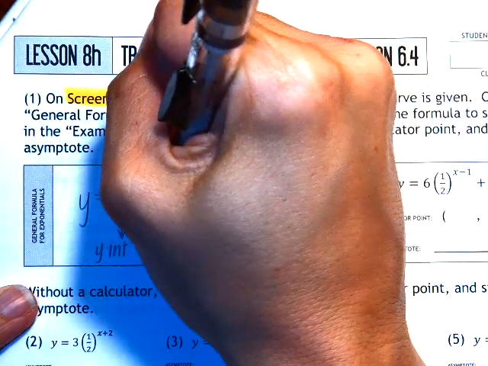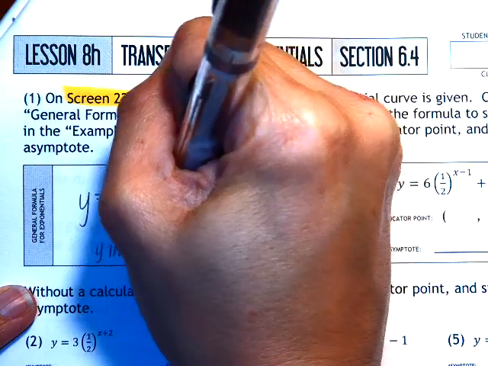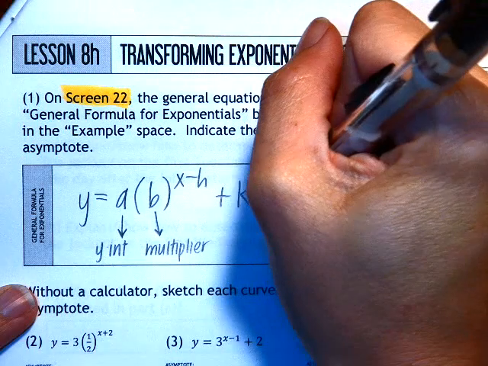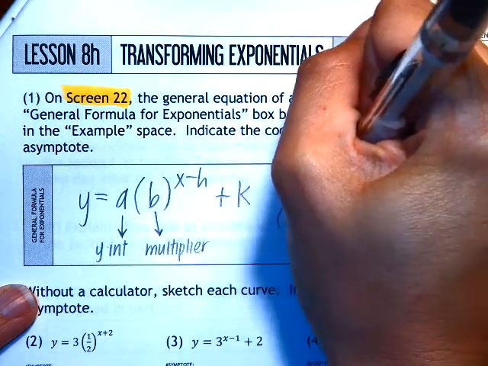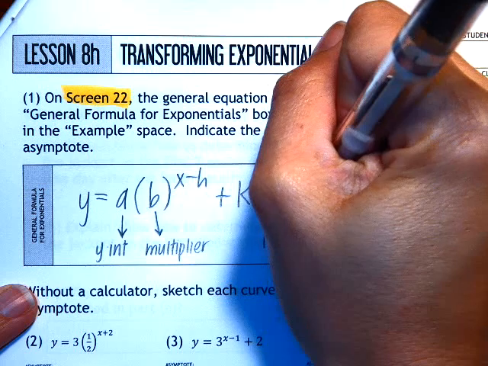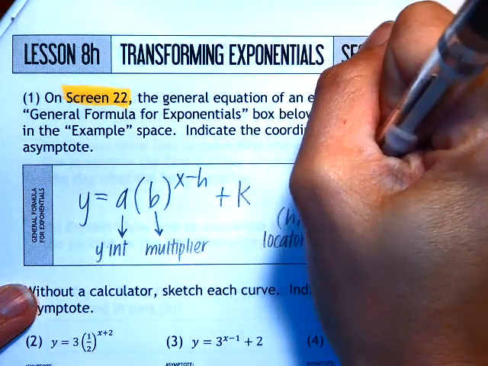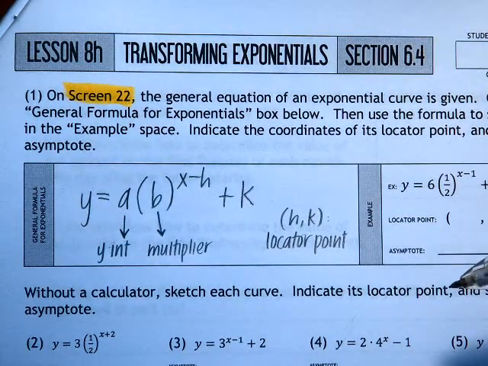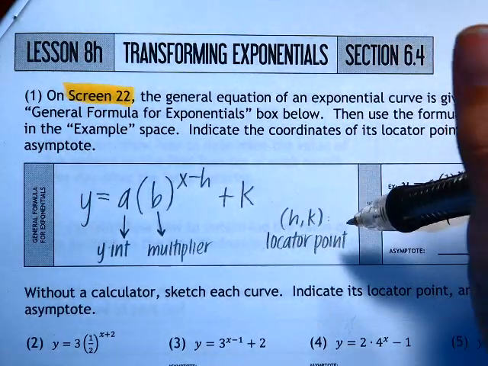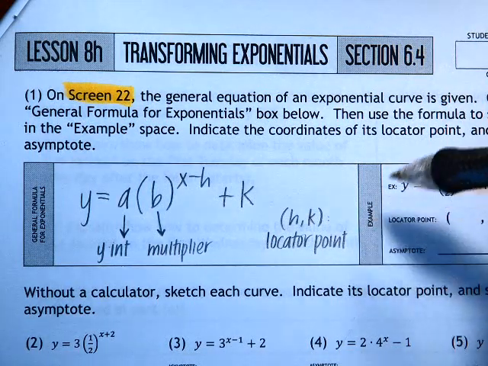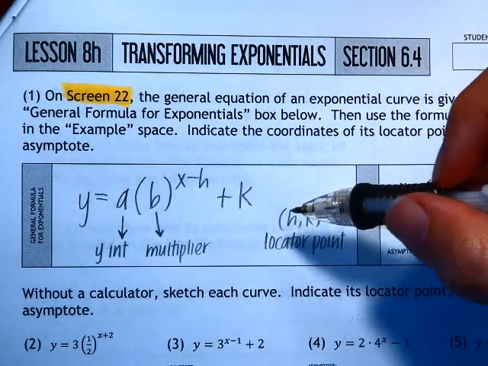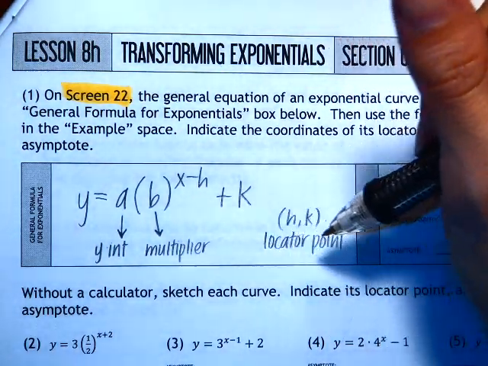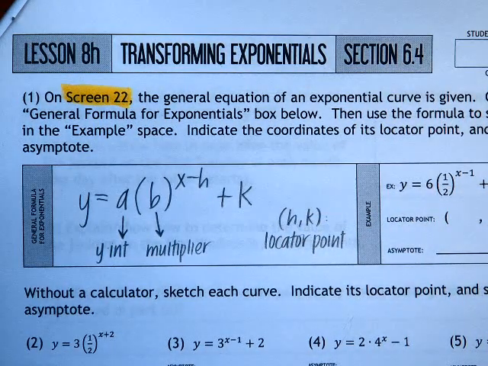The b still represents the multiplier of the sequence that we're dealing with, and h and k collectively represent what we call the locator point. Now the locator point is interesting in this one because the locator point isn't a vertex. It isn't even on the curve. And we've seen this happen before with hyperbolas as well. So if this kind of rang true to you and you're like, oh, wait a minute, I remember something like this, hopefully it did remind you of familiar territory.